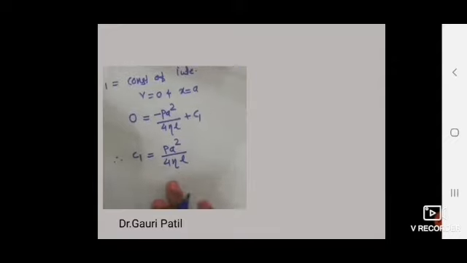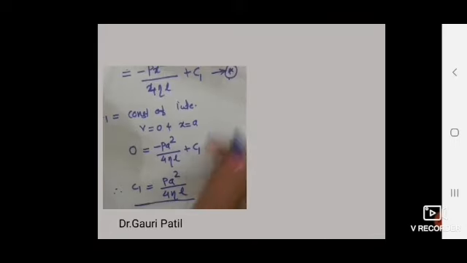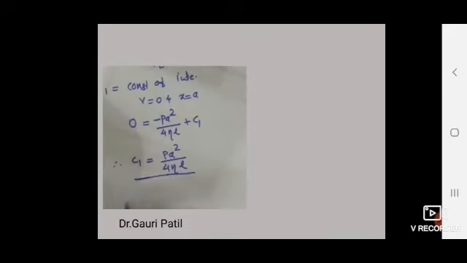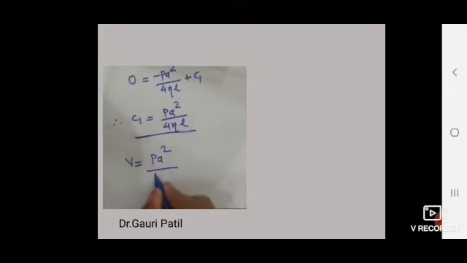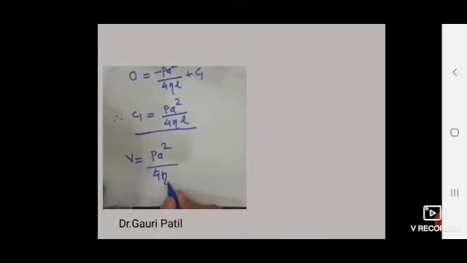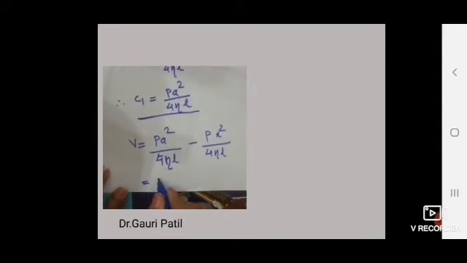By putting this value of c1 into the starred equation, we get v is equal to P a square upon 4 eta L minus P x square upon 4 eta L. So we can write P upon 4 eta L as common, into a square minus x square.